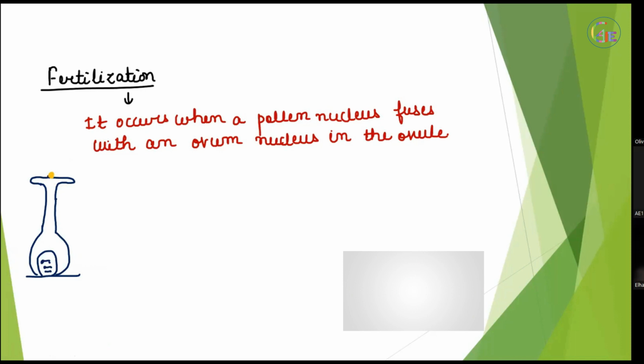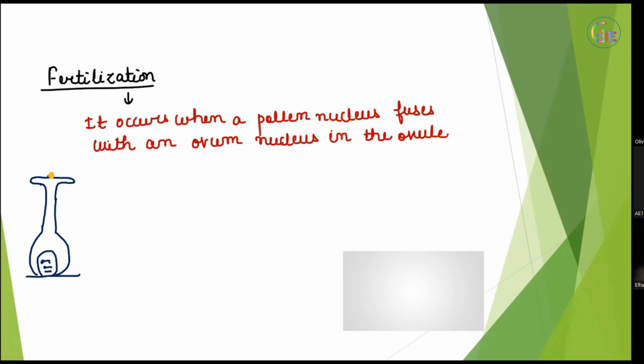So the next process is the formation of pollen tube. But that too has a condition. It will not get formed as soon as the pollen grain settles down on the stigma. First requirement is that it will only happen if the pollen grain has landed on the right kind of stigma.